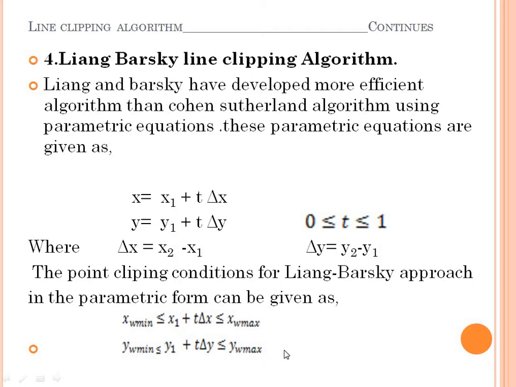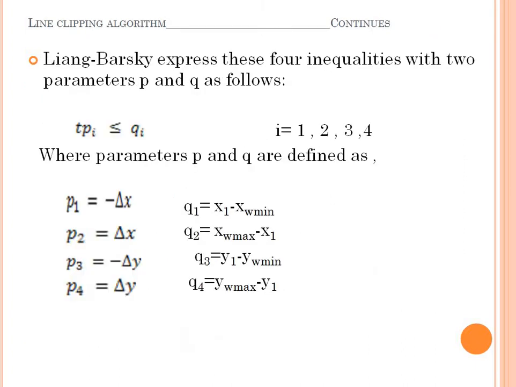Convert all into the same form of inequalities, that is, perform multiplication with a minus sign, and by multiplying with the minus sign we convert the greater than or equal to into less than or equal to.